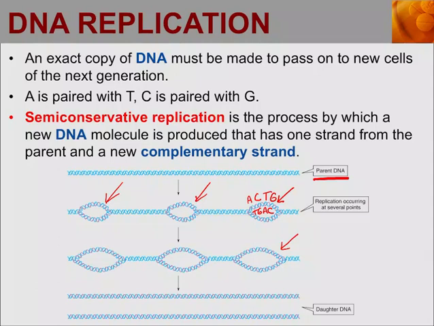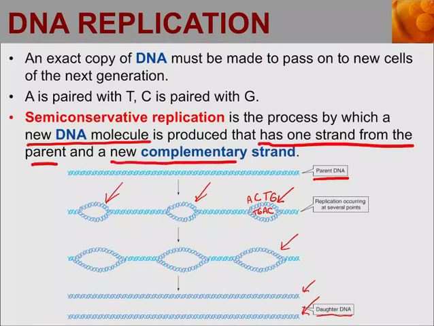These are called daughter DNA, and each molecule of DNA is an exact replica of the parent DNA, hopefully, if everything went right. The new DNA molecule that's produced, the daughter DNA, has one strand from the parent and a new complementary strand.